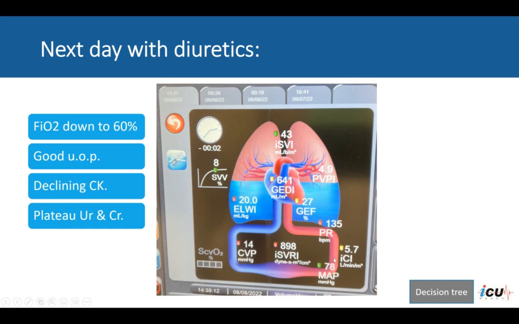In terms of contractility, global ejection fraction improved to 27%, cardiac index decreased slightly from a value of 9, and SVR improved. His mean arterial pressure is 76, extravascular lung water improved, and the permeability index is 4.9, indicating that this patient is having non-cardiogenic pulmonary edema.